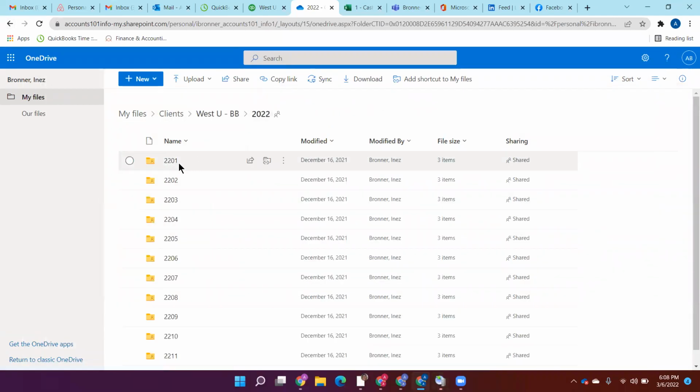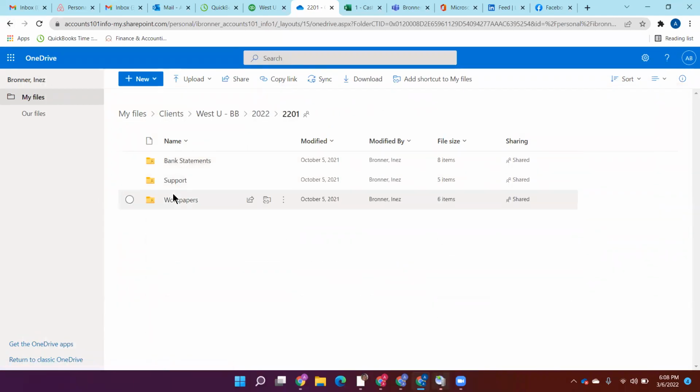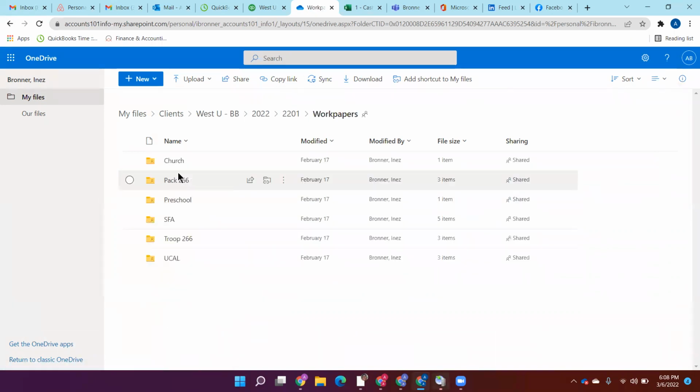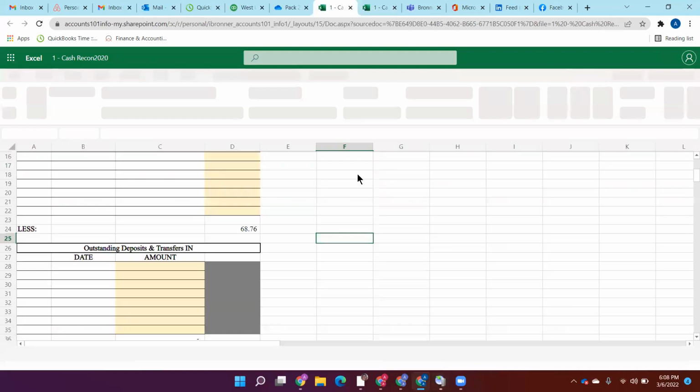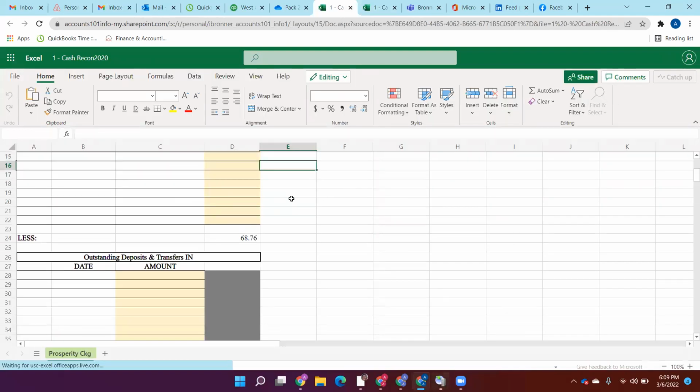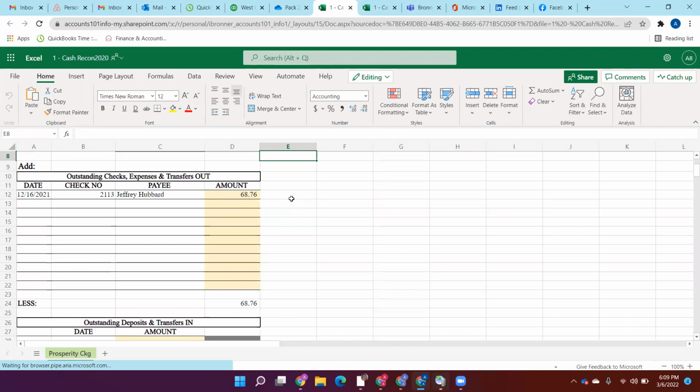Correct, the January work paper. Right, so there's one check that's outstanding. And then you would go to the February bank statement and see if you see that clearing. Obviously, it didn't clear, so that's why that's still the only outstanding reconciling item.